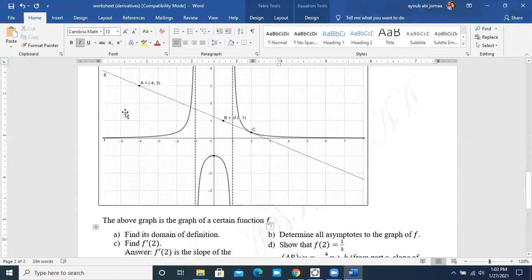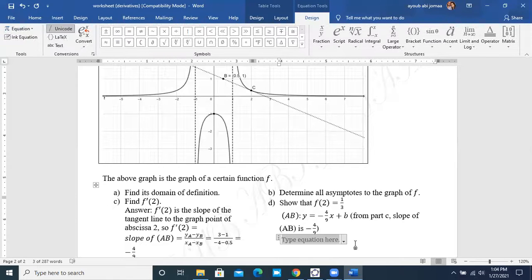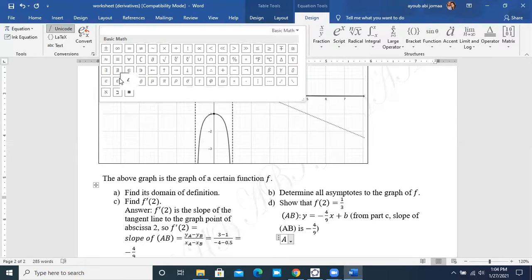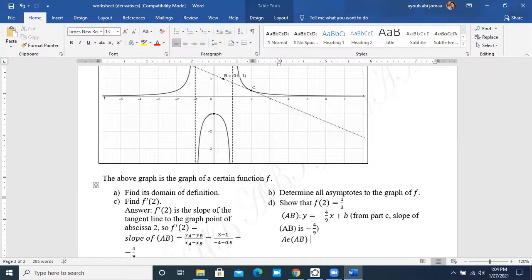Whichever you want, you are free to choose. If you want to use A, you can use it; if you want to use B, same thing. Point A belongs to line AB. So replace the coordinates of A in this equation to find b.